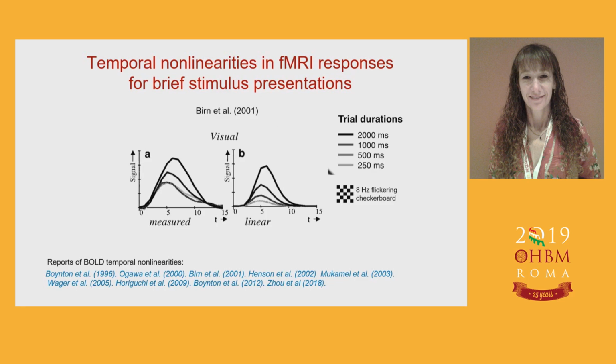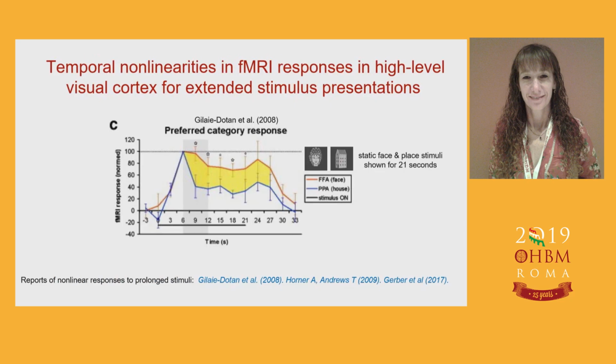There are additional nonlinearities, especially in high-level visual areas, and these are seen when the stimulus is presented for a prolonged duration. Galit Yovel and colleagues showed a single image for 21 seconds, and they observed reduced responses in high-level visual areas, or adaptation, for the prolonged stimuli.